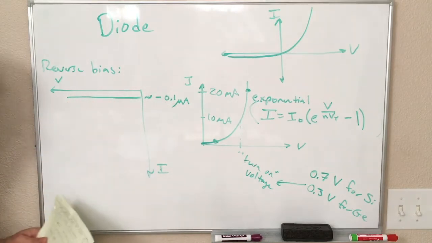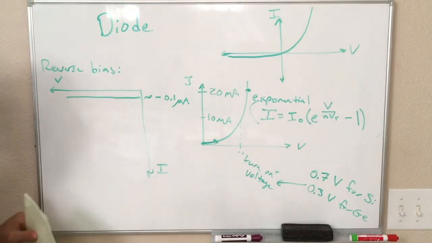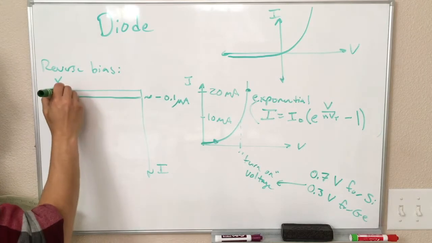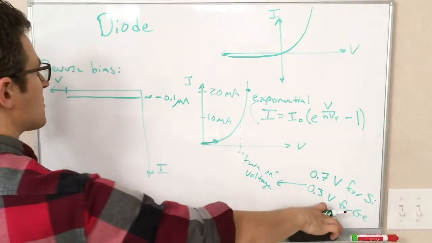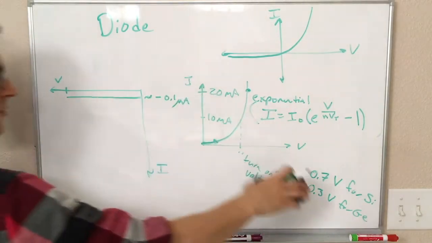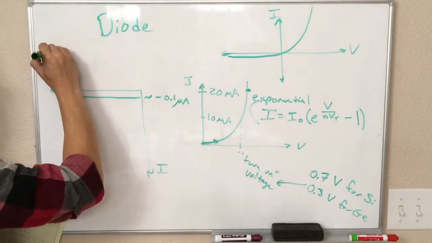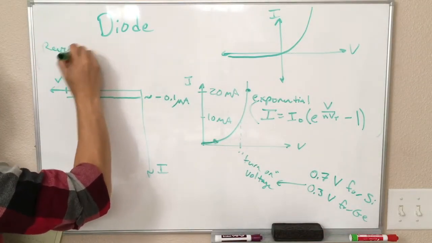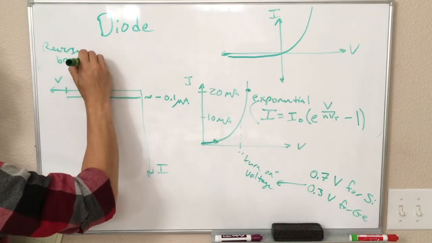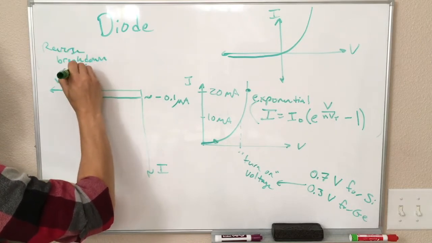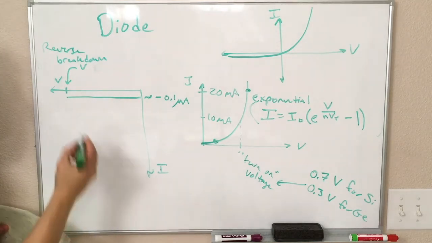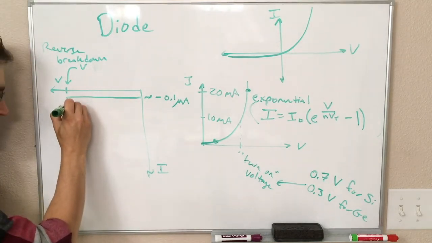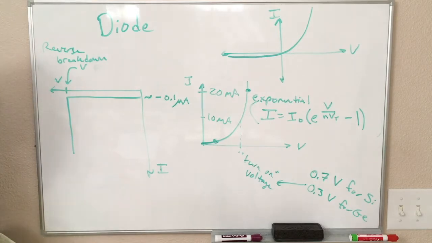This is very flat. And it continues flat until you reach a particular voltage called the reverse breakdown voltage. Sometimes it's just called the breakdown voltage. At the reverse breakdown voltage, your diode actually does start to conduct in the negative direction, and it does so very sharply.